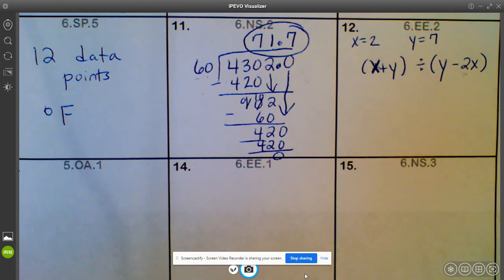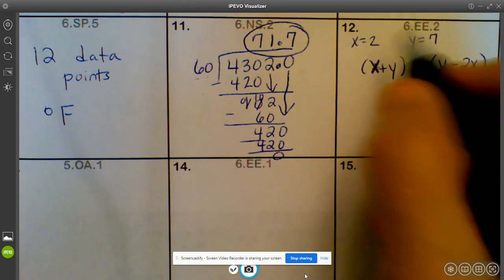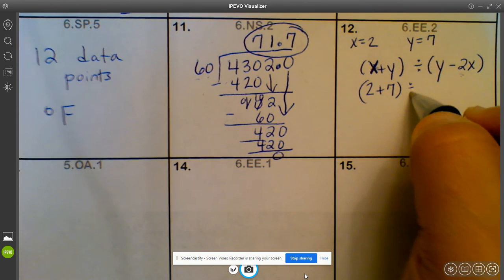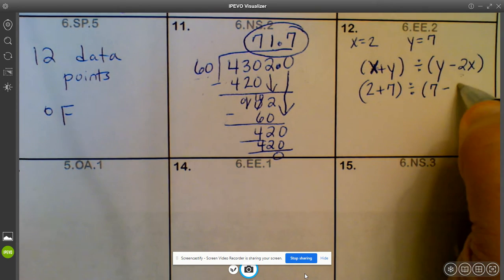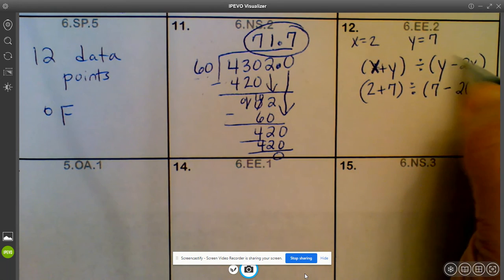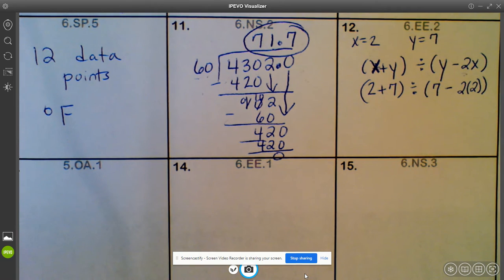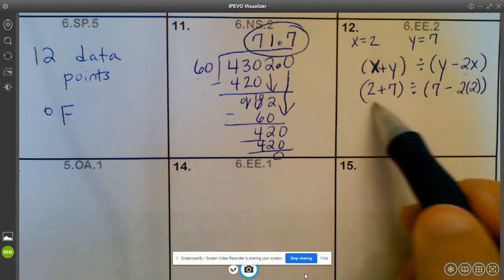Okay, so the first thing I'm going to do is substitute in all of the variables for the numbers that they are valued at. So x is 2, so this is 2 plus y is 7, 2 plus 7, divided by y is 7, 7 minus, and this means 2 times 2, okay, which I probably should have used brackets instead of parentheses both times. That's okay.